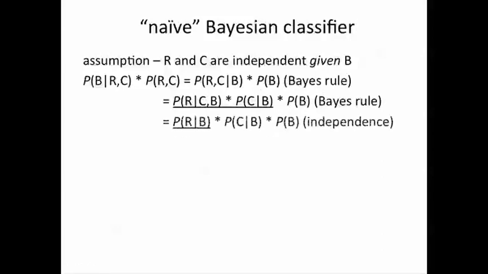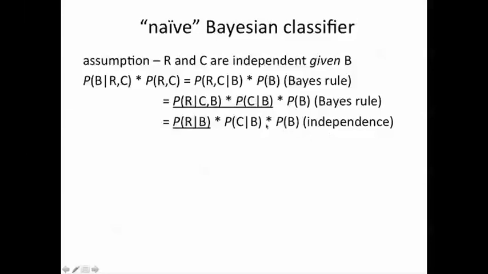Now comes the independence assumption. The probability of R given C and B or A or whatever else doesn't matter, because of independence of R and C, is the same as the probability of R given whatever else was there on the conditional side.